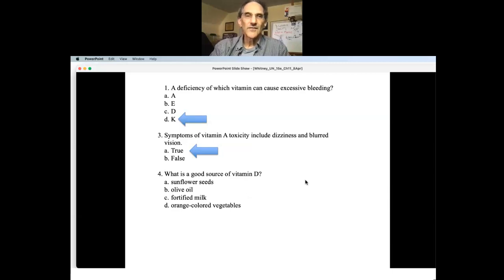What's a good source of vitamin D? Of these listed here, fortified milk. The other source, of course, is production from 7-dehydrocholesterol and sunlight.